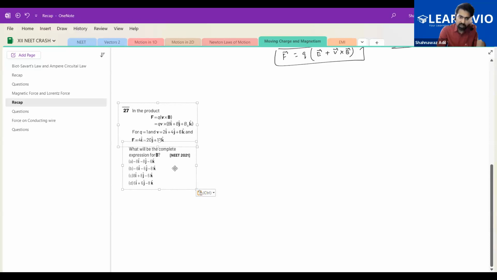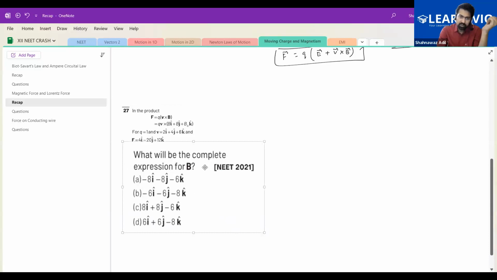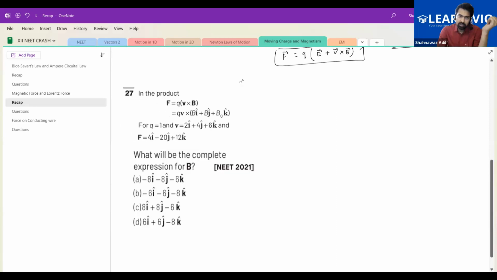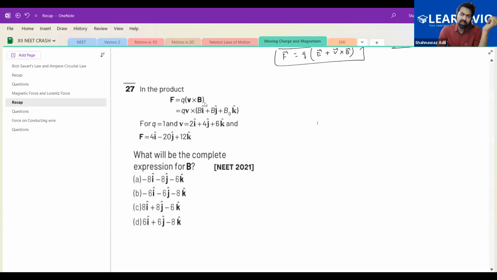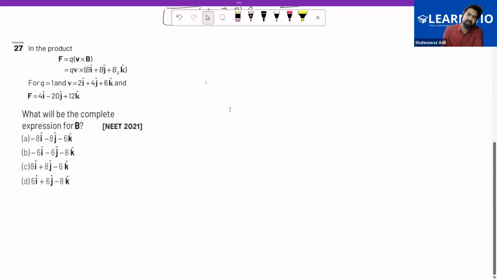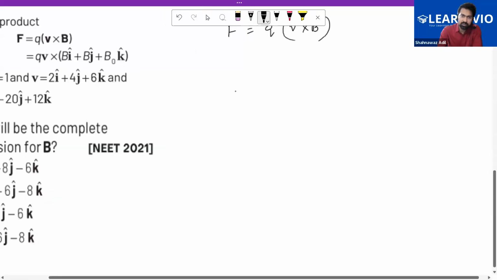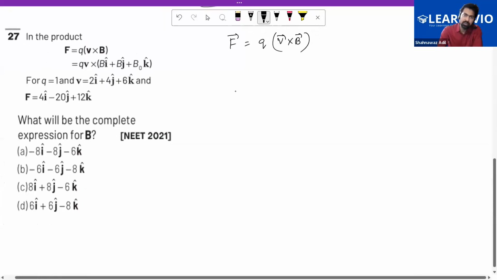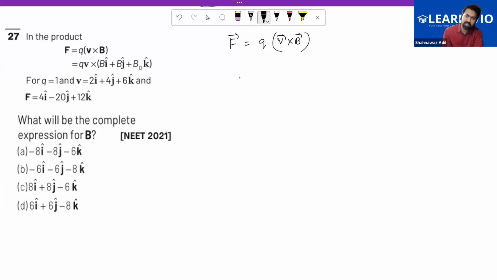So this is the question, and we have to use the idea of the cross product. We are given that the magnetic force is Q v cross B, and we have to find out the magnetic field expression.